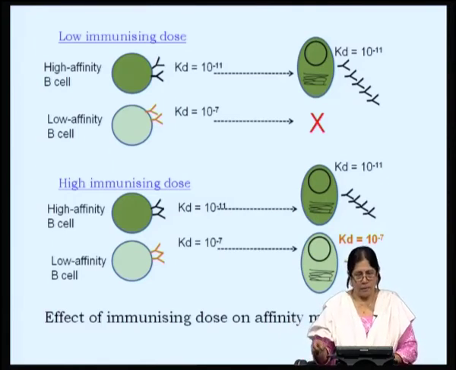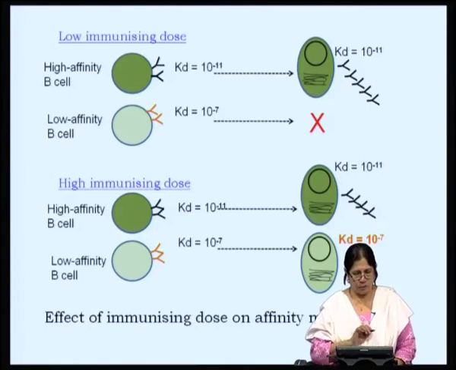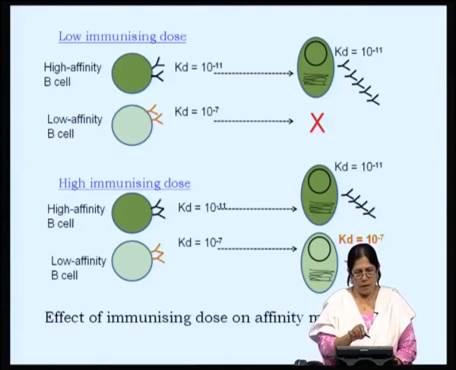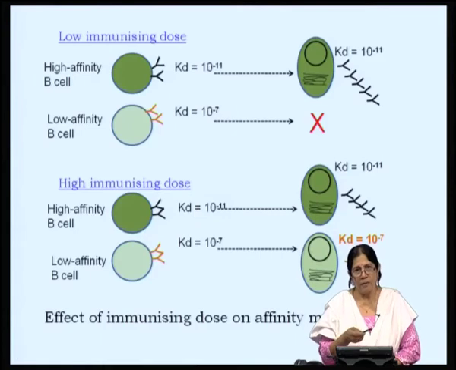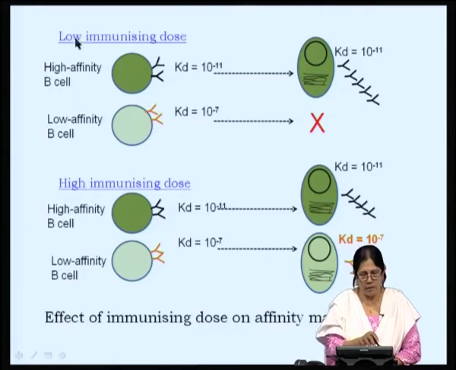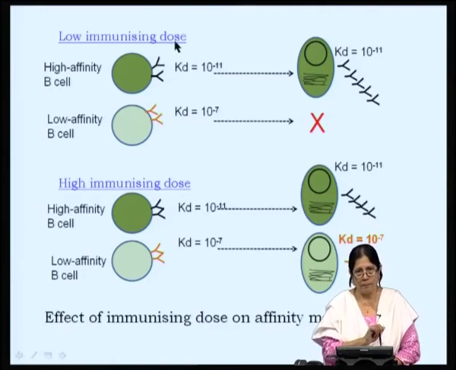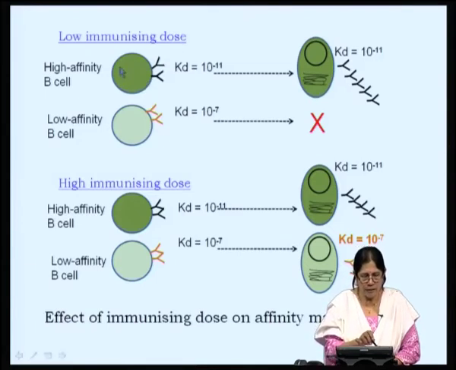Now, there are two instances given over here: low immunizing dose versus high immunizing dose of the very antigen that I was talking about, and let us say the animals are rabbits. If the animal is injected with a low immunizing dose, what would happen? Because the dose is very low, only those B cells with high affinity receptors would recognize the antigen.